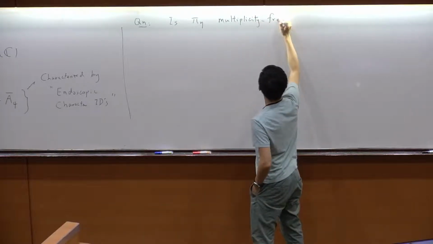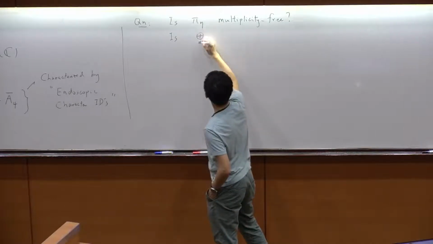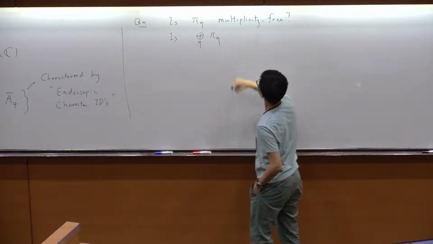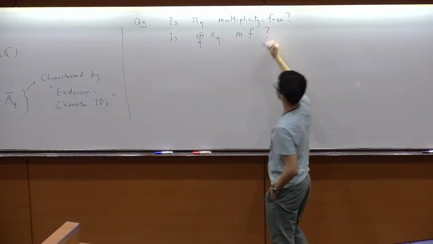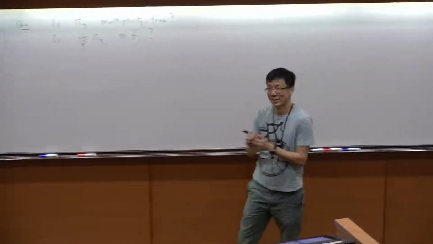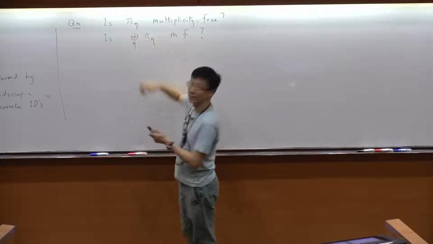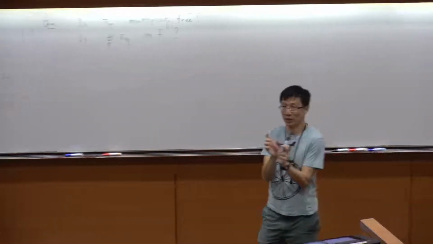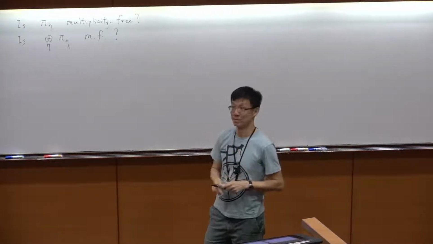In fact, maybe you can even ask a more stringent question: as you add up all these representations, is it multiplicity free? In other words, I'm asking whether for different eta, say eta 1 and eta 2, pi eta 1 and pi eta 2 could have some common isomorphic summands.